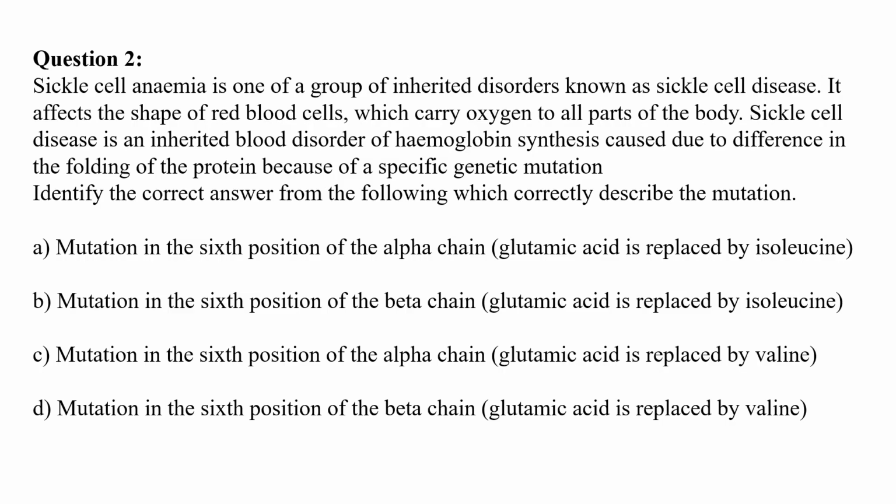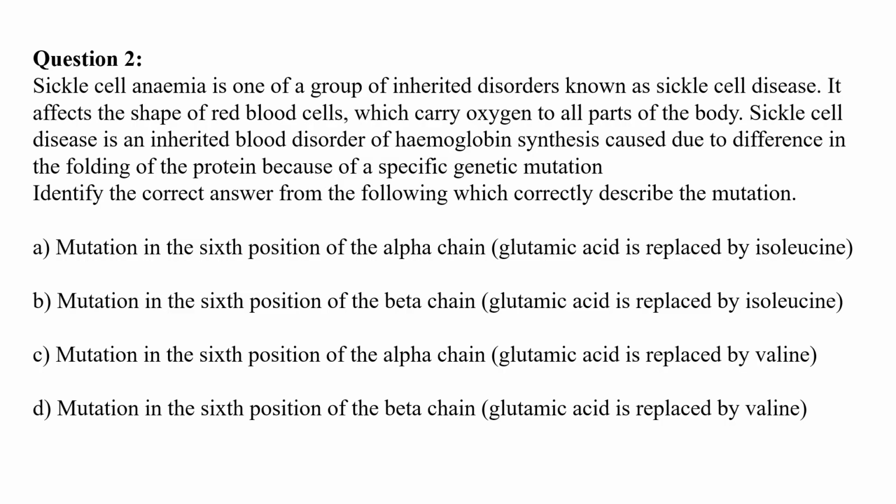Identify the correct answer from the following which correctly describes this mutation. So we have a disorder known as sickle cell anemia, in which the hemoglobin synthesis is actually hampered due to a specific genetic mutation. We have to identify that particular genetic mutation.